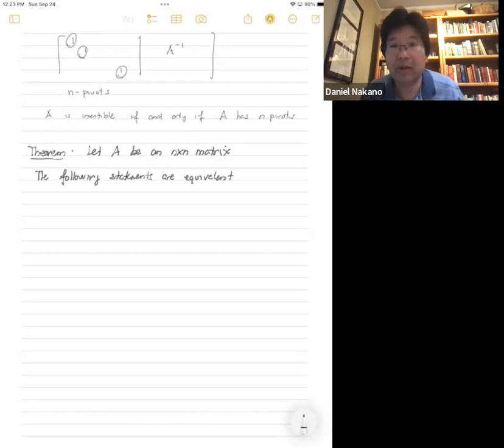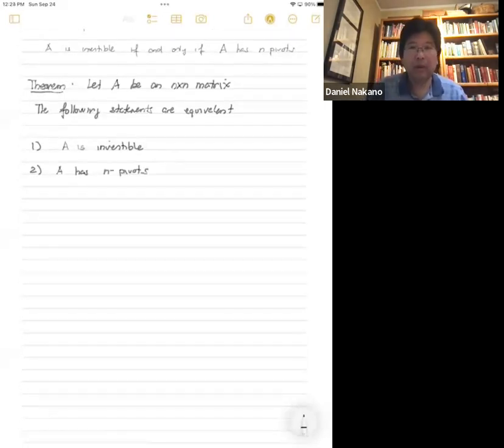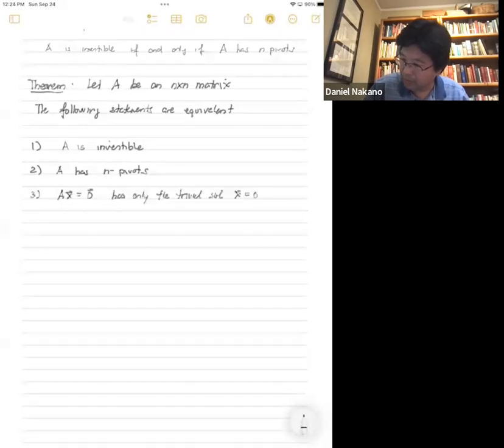All right, so we've actually seen the equivalence of the first two statements. The first statement is A is invertible. Okay, and that's the same thing as A has n pivots. So if A has n pivots, then AX equals 0 has only the trivial solution, X equals 0.